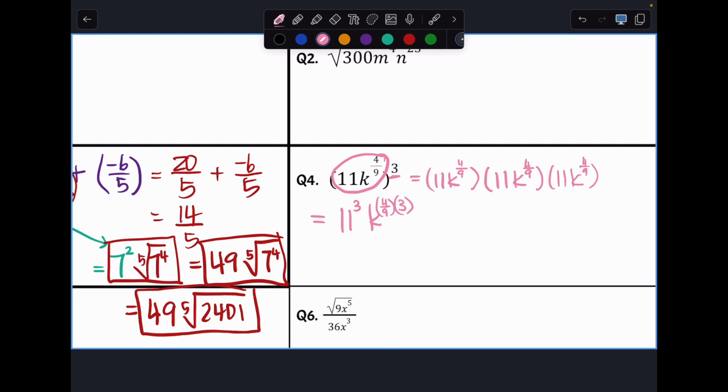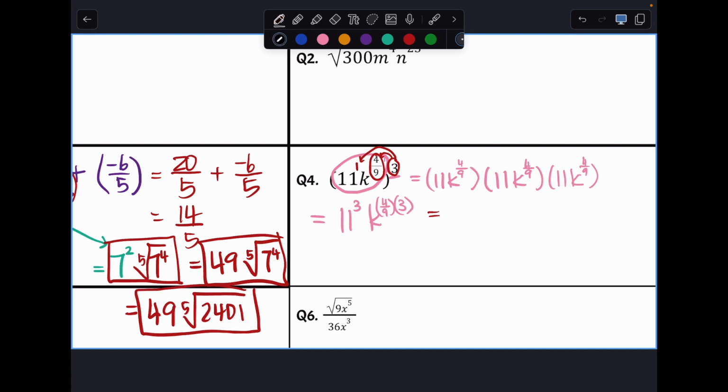Agreed? Okay, then if I were to not write this and jump right to the last line I wrote, can I just say it's 11 to the 1st power times 3, and 4 ninths times 3? It's the same thing. Power of powers is multiplying the exponents together. We don't add, we multiply the exponents together.